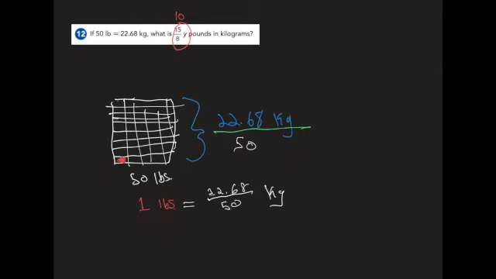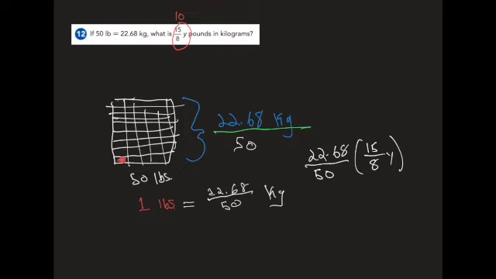In this scenario, though, I was switching 10 out for an unknown. So let's bring back the unknown. So now I have 15/8 y pounds, but I'm going to use the same process. Instead of multiplying this by 10 to get to 10 pounds, I'm going to multiply 22.68 over 50, that's my conversion rate, times 15/8 y.